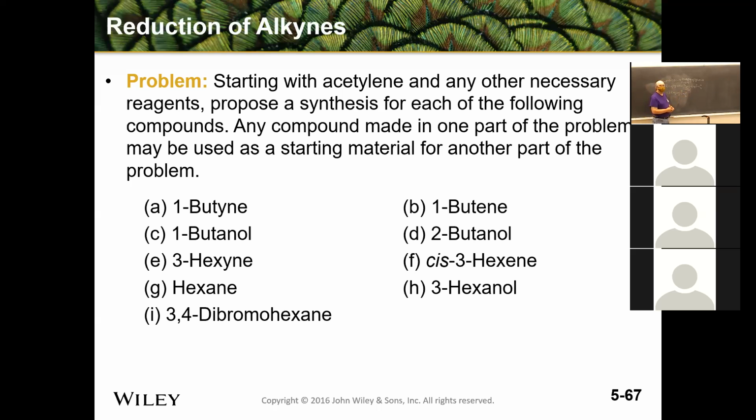So anti-Markovnikov, that would involve hydroboration oxidation. So we would use BH3, followed by hydrogen peroxide, basic solution, and that would give us the desired regioisomer.